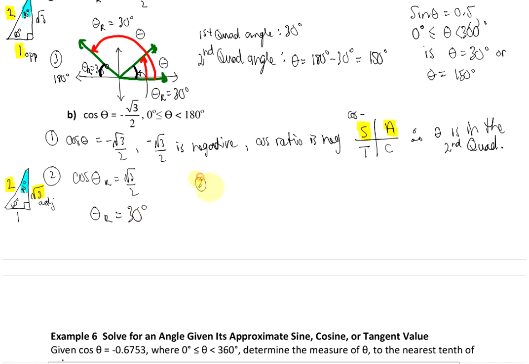Okay, so now I want to draw my angle in standard position with a reference angle of 30 degrees. All right, so I know it's in the second quadrant. And I know that my reference angle is between the terminal arm and the x-axis.